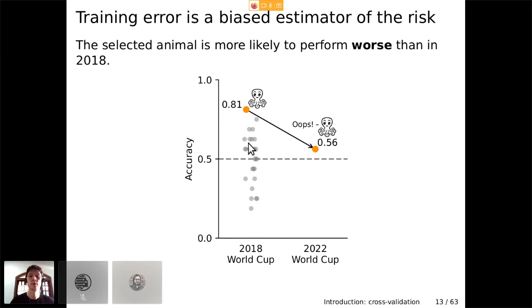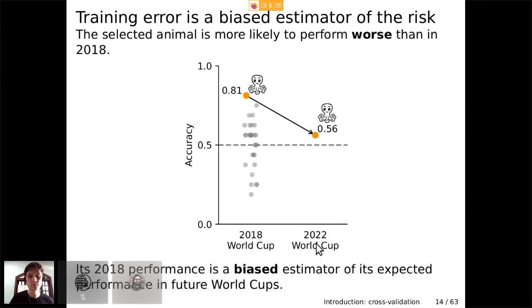So in order to get a good evaluation of its accuracy, in order to get an unbiased estimator, once we have selected it, we need to reevaluate it on some new data. So, for example, on a new set of matches.